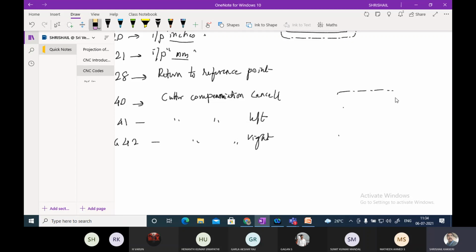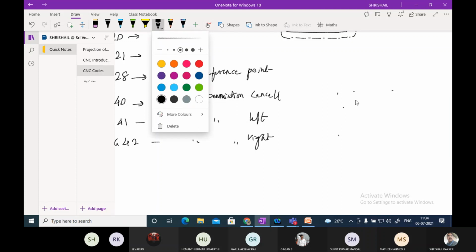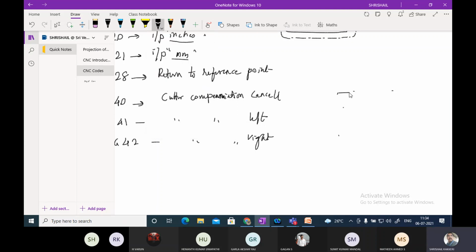Let me rewrite it once again. Look here. I want to do this machining, and this is the cutter movement. The cutter is traversing the path.